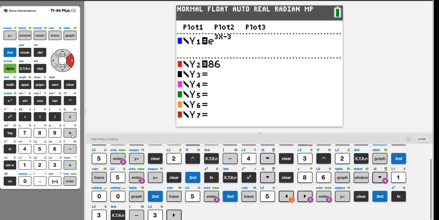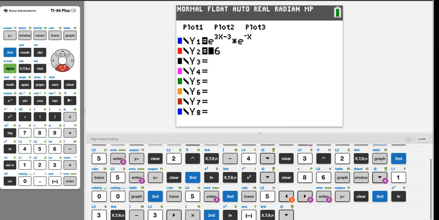Press the times key. Press second and e to the x power. Type in negative x and press the down arrow. Press clear to clear y2. Type in 4 and press second E. Note there is no power on this key. Press graph.